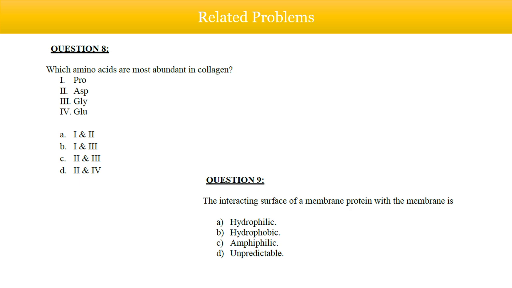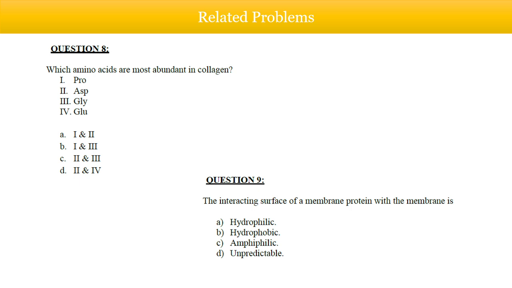Okay, so what is basically a collagen? Collagens are proteins that have a triple helix structure. This structure is formed by three polypeptide chains that are intertwined, and most of the sequence is a repetition of glycine, proline, and some other amino acids, like hydroxyproline, which is not naturally occurring.